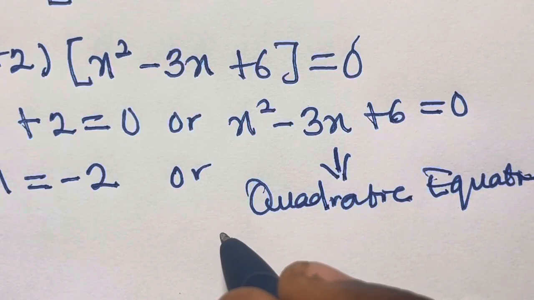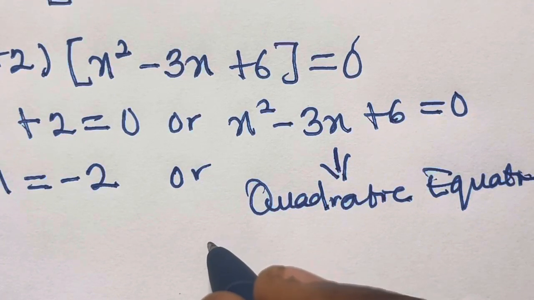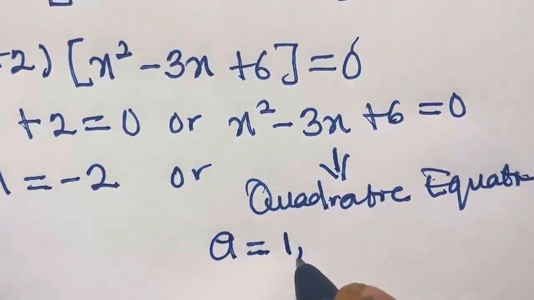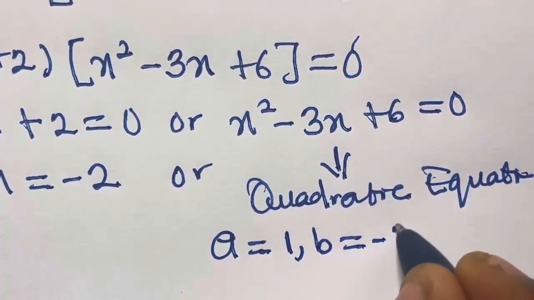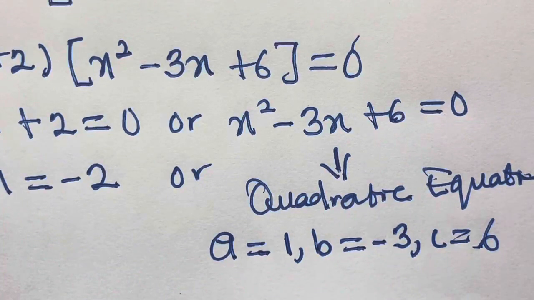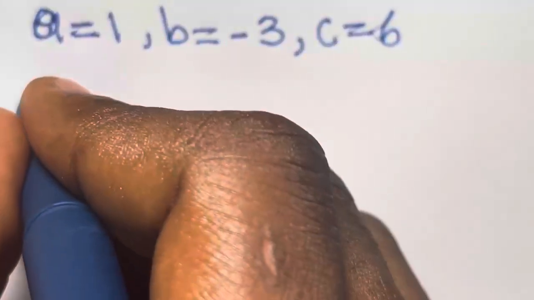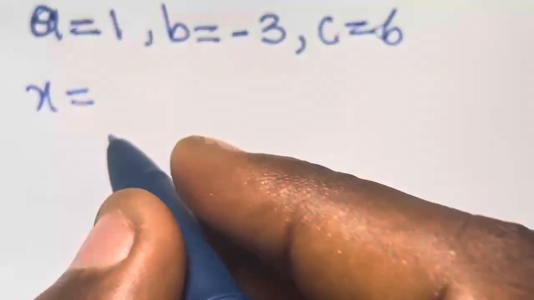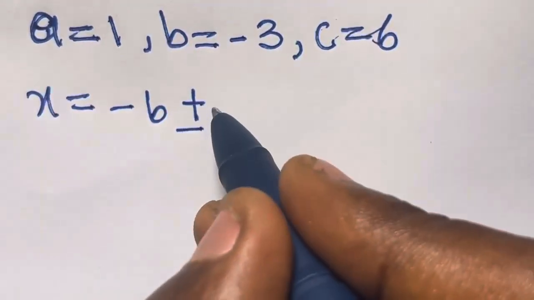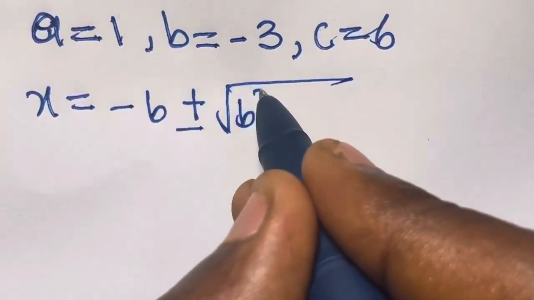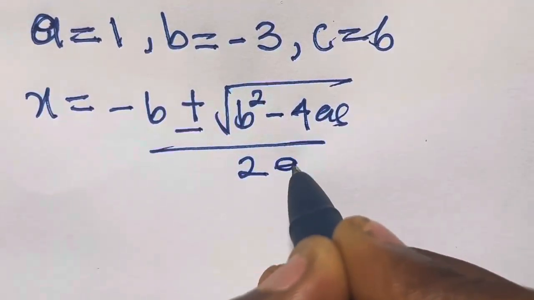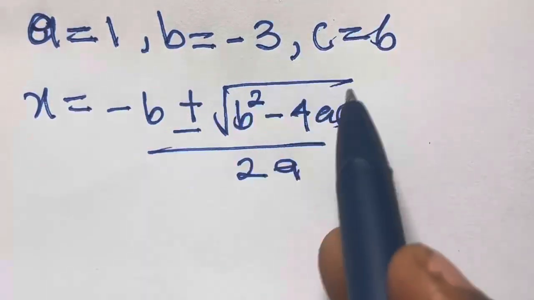Let's use the quadratic formula. So we have a, the coefficient of x squared, to be 1, b, the coefficient of x, to be minus 3, and c, which is the constant, to be 6. We have our quadratic formula to be x equals minus b plus or minus square root of b squared minus 4ac, divided by 2a. So we want to substitute these values into this formula.